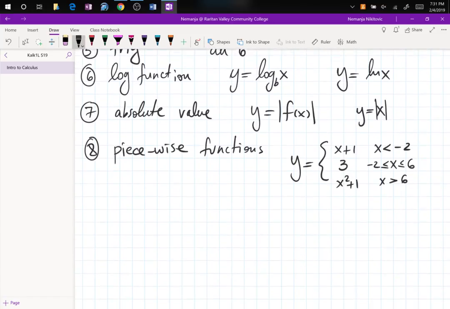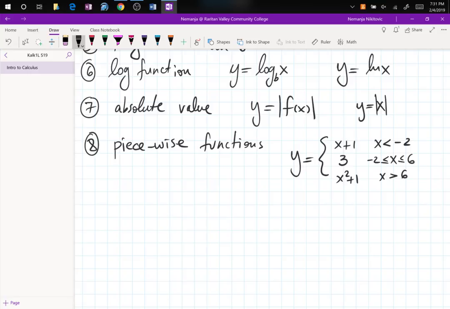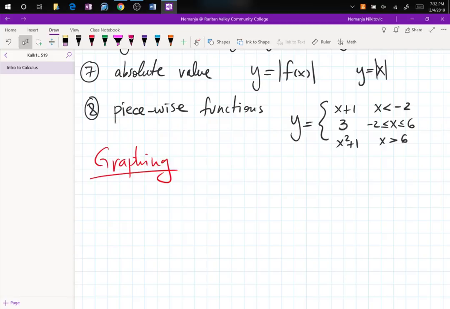So, if I want to graph this, which is the next part, graphing, I would graph each piece on its domain. So this is where the square notebook comes in.